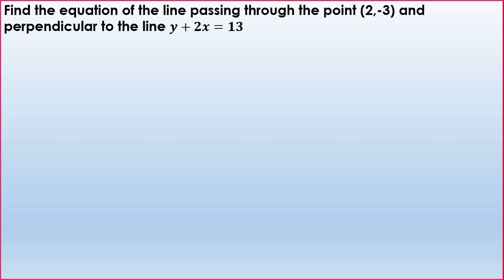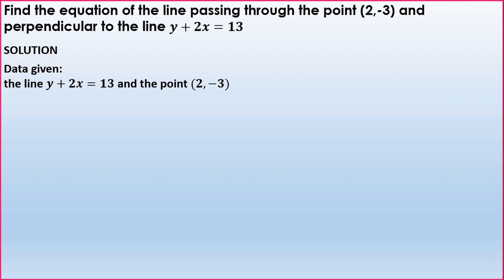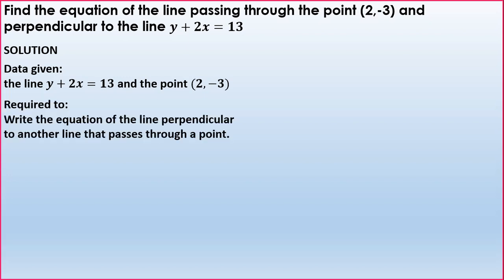Let us look at an example. Find the equation of the line passing through the point 2, -3 and perpendicular to the line y plus 2x equals 13. What were we given? We were given the line y plus 2x is equal to 13 and the point 2, -3. What are we required to do?